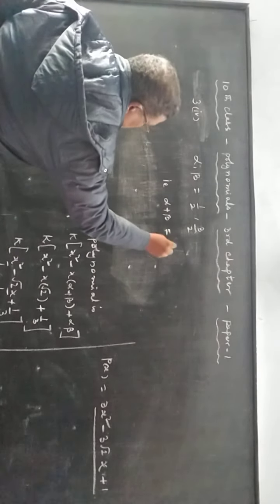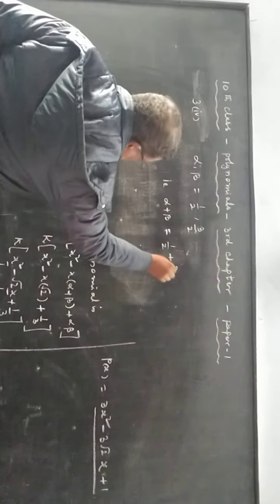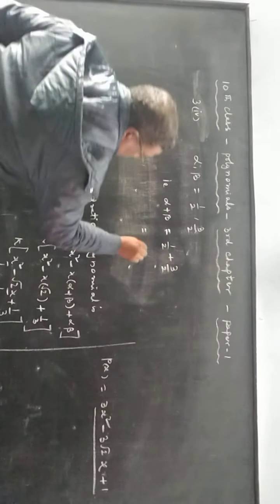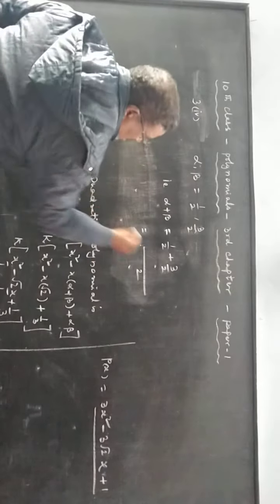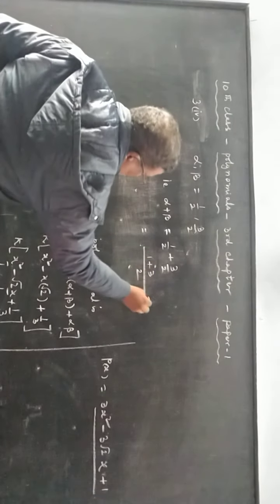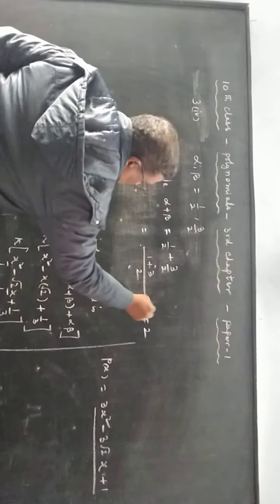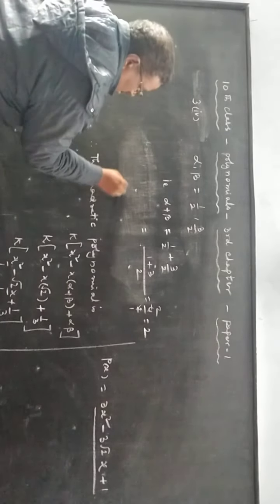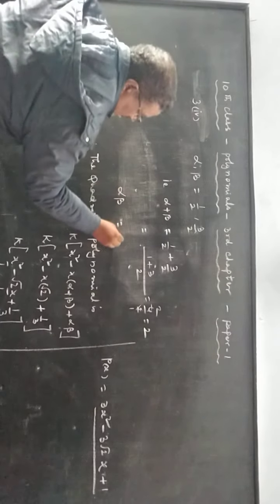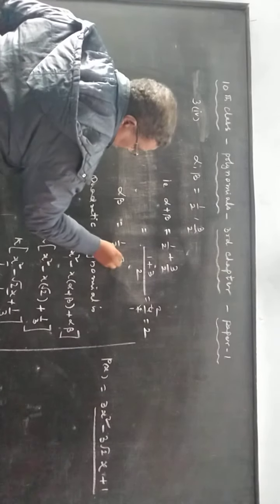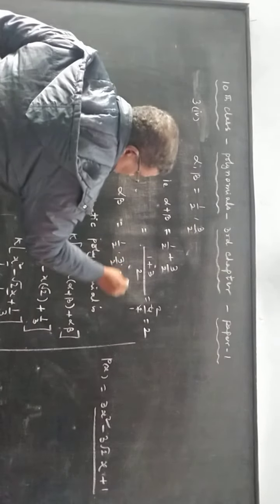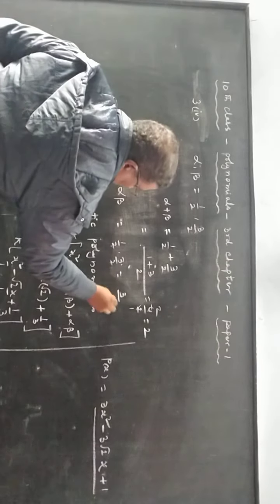Alpha plus beta is equal to 1 by 2 plus 3 by 2. Take LCM, 2 is the LCM for us. 1 plus 3, it should be 4 by 2, that should be 2. And product of zeros, alpha beta, 1 by 2 into 3 by 2, that is 3 by 4.